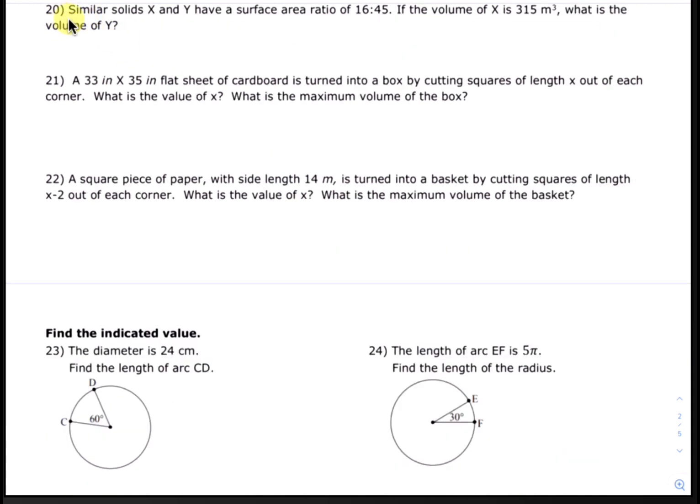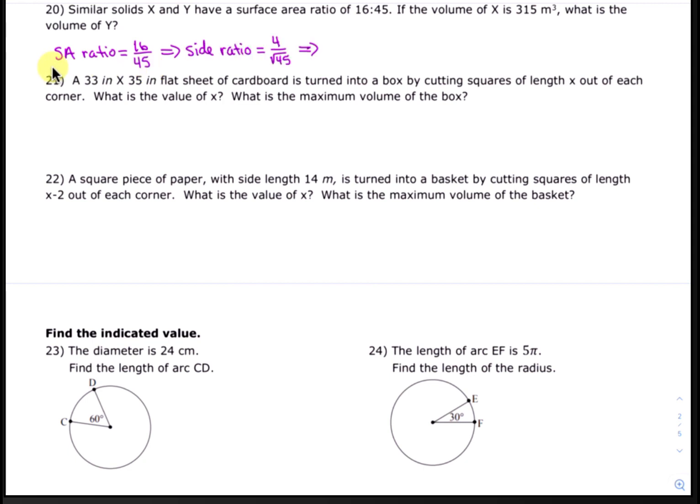All right, here's number 20. It says similar solids X and Y have a surface area ratio of 16 to 45. If the volume of X is 315 cubic meters, what is the volume of Y? We acknowledge that the surface area ratio is 16 to 45, and of course surface area is two-dimensional.